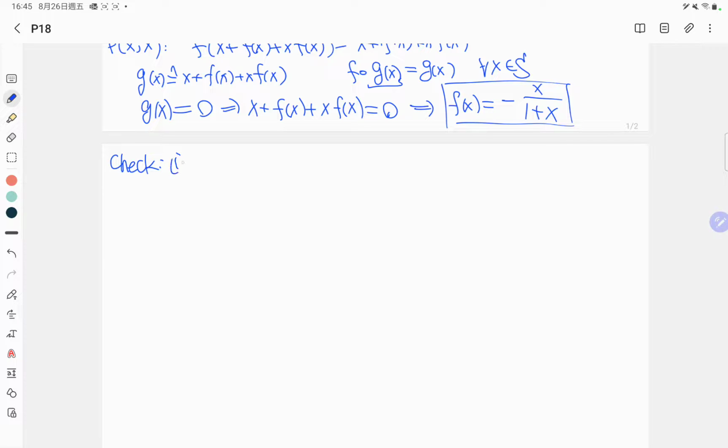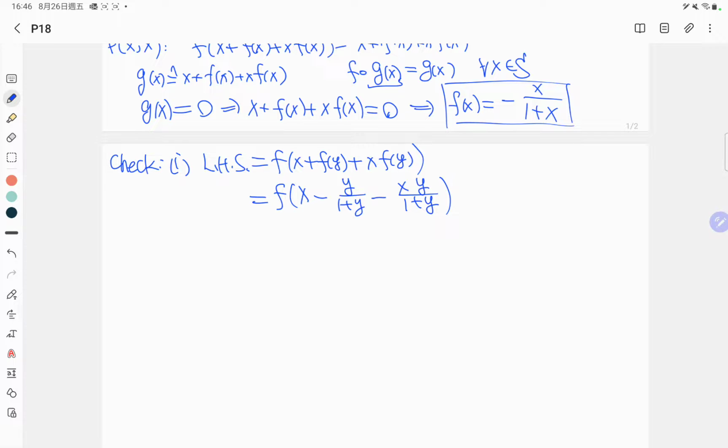The left-hand side equals f of (x plus f of y plus x times f of y). Here we have f of (x minus y over 1 plus y, plus minus x times y over 1 plus y).